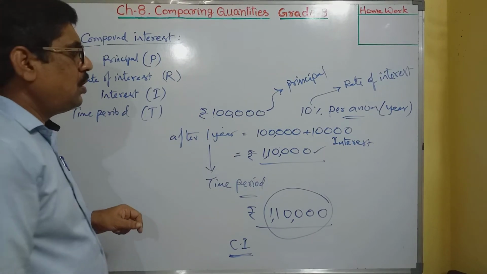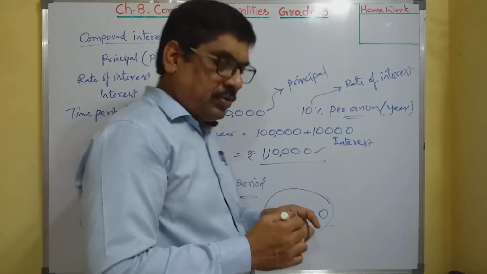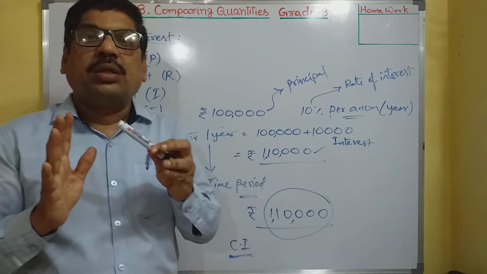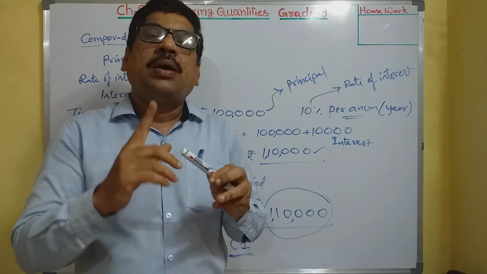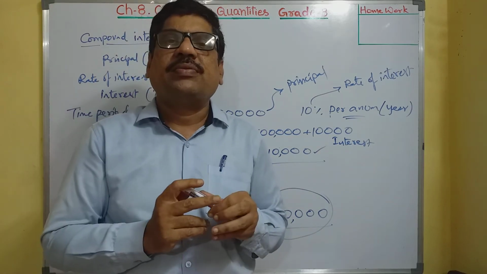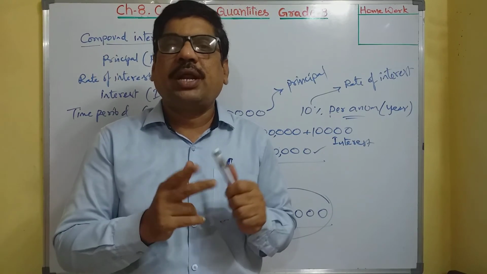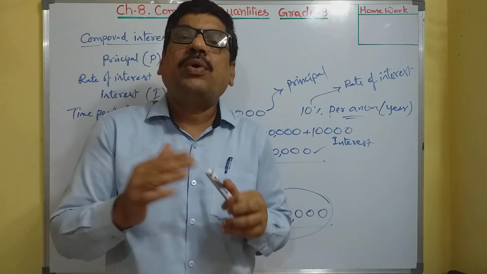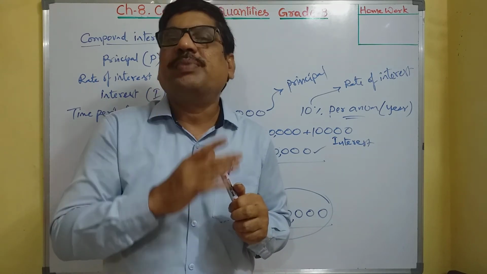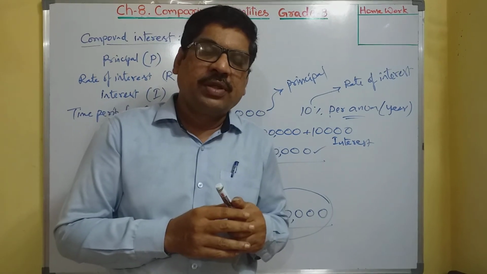Okay. So actually the banks compound the interest. They will give the compound interest for every 3 months. So that is called quarterly. And some banks will give the compound interest per 6 months. That is called half yearly. Okay.